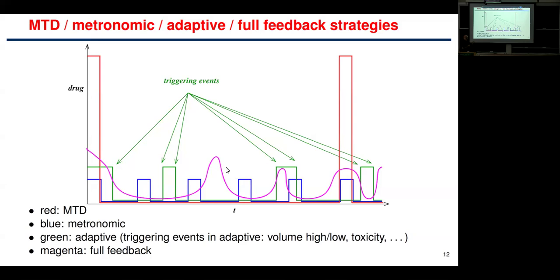Another idea, and we saw, Josh gave this talk about metronomic therapy and the clinical trials for prostate cancer and so forth 2 weeks ago in here. Another idea is to use, he was doing adaptive therapy, not metronomic, sorry. Adaptive therapy is therapy here I think in green, where we decide on some triggering events.